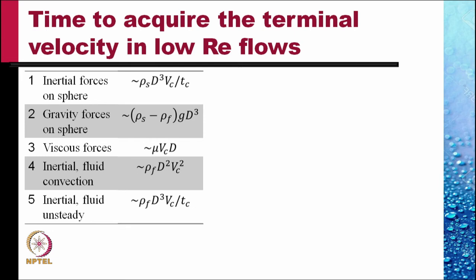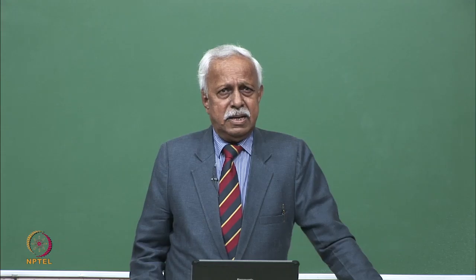The gravity force on the sphere, which is the wet weight, is the density difference between the solid density and the liquid density to account for the buoyancy force, times g times the volume, which is d cube. The viscous forces are like mu Vc into d.